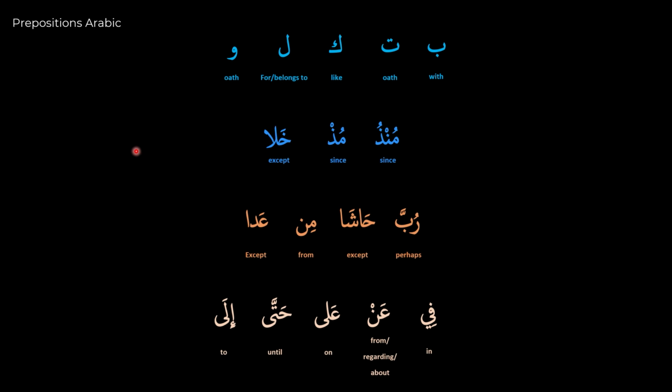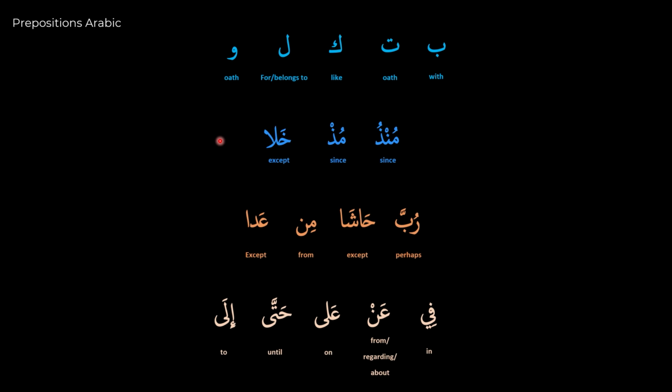There are particular words here that are important to really know, particularly the ba, which you'll see a lot, kaf you'll see a lot, lam you'll see a lot, fi you'll see a lot, an you'll see a lot, ala and ila and min. The other ones not so much, because for some of them there tends to be a little more intricacy in the way they're used, and we'll study them in further lessons or courses in a deeper manner.